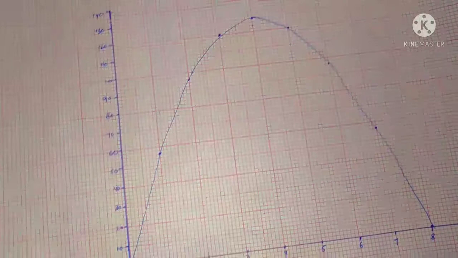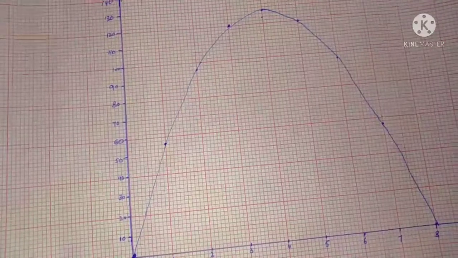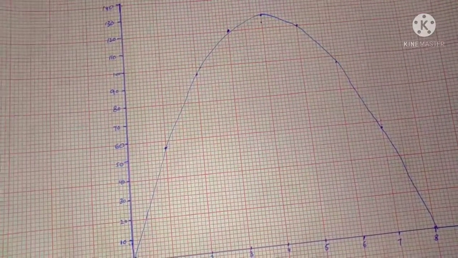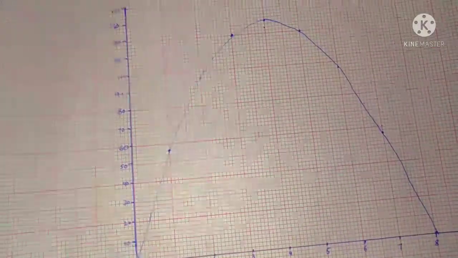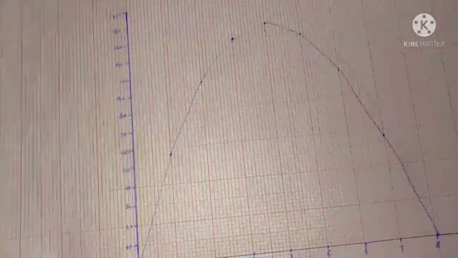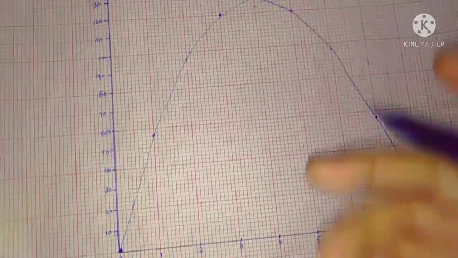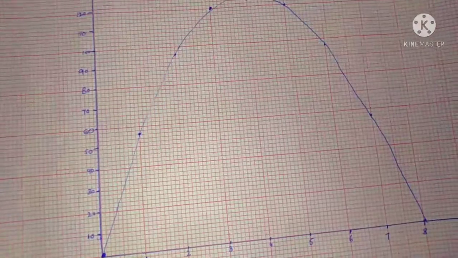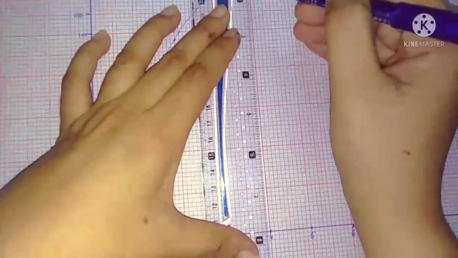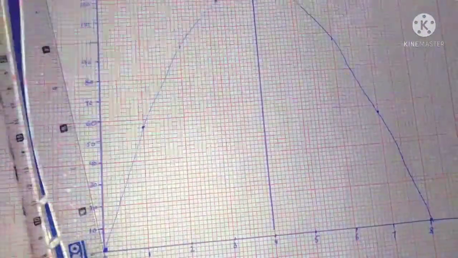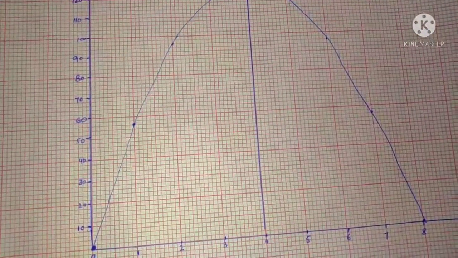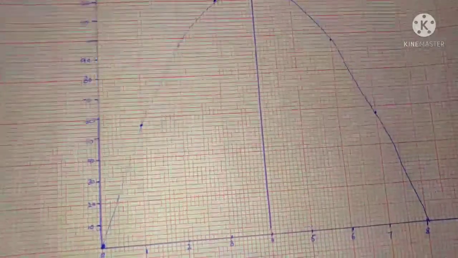Now part 3: use your graph to find the amount at which the store should price each book such that the total amount earned is at maximum. Here you can see these are the prices in dollars. This is the maximum point, so we draw a line from the maximum point to the x-axis. The total amount is at maximum at 4.